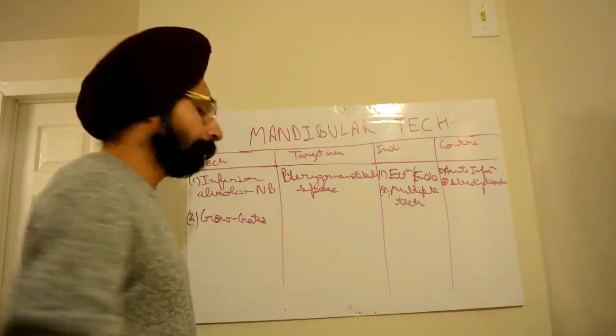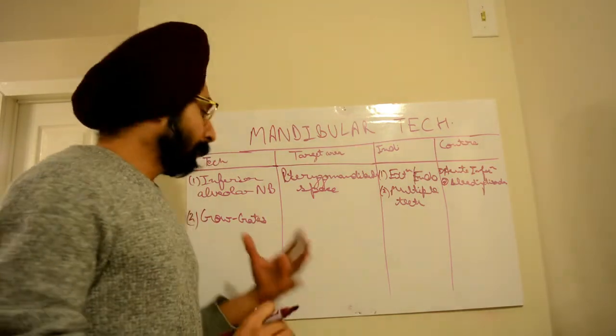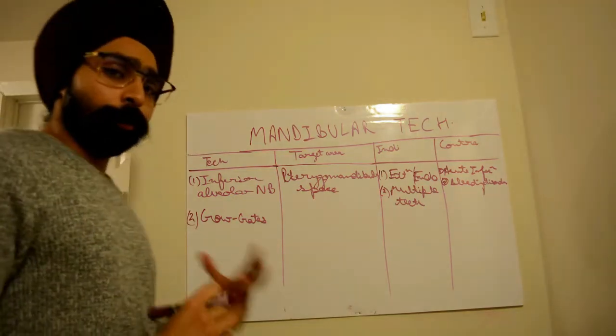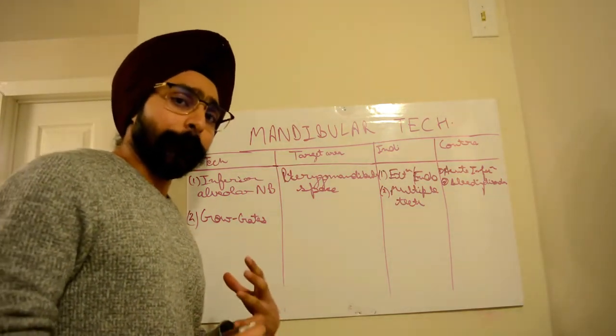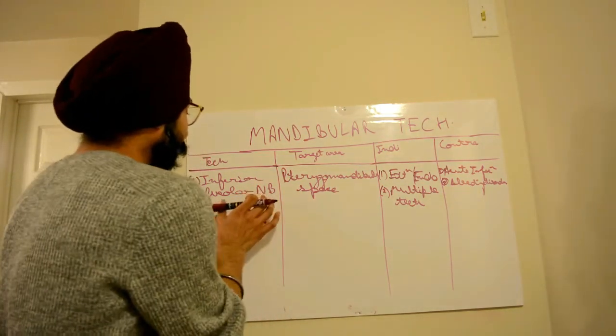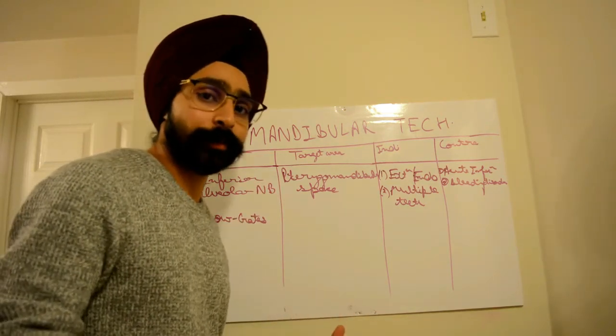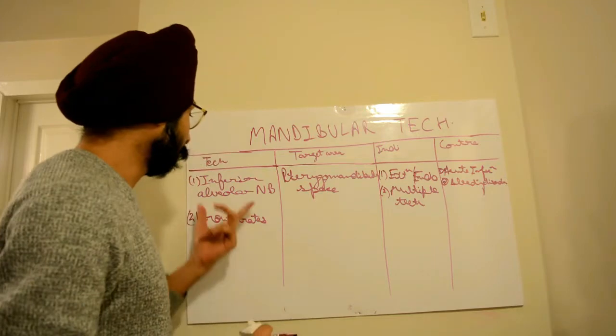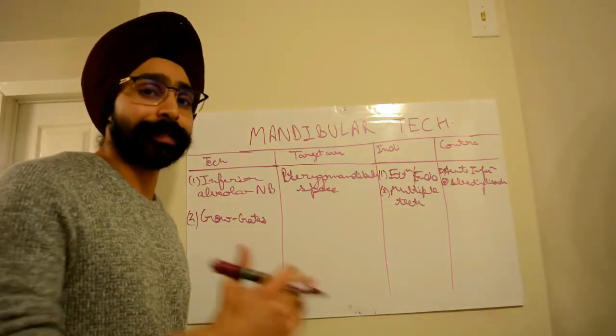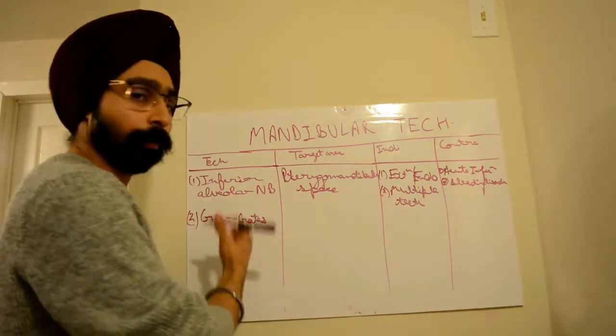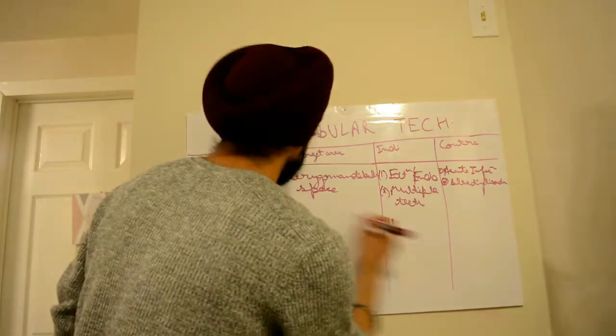When do we give Gow-Gates technique? Whenever in question you get that a patient was given inferior alveolar nerve block but the injection was not successful. So when inferior alveolar nerve block is not successful, only then we give Gow-Gates technique.